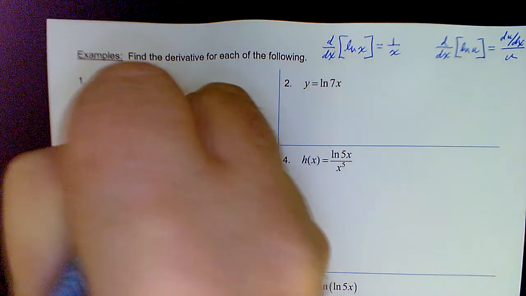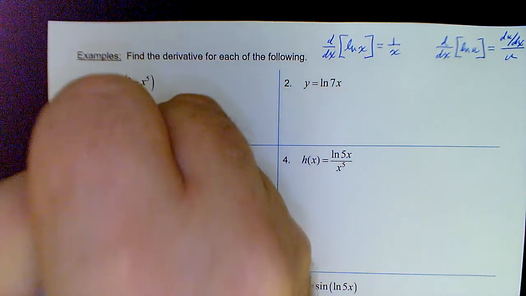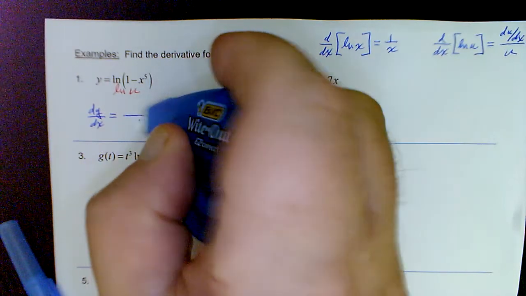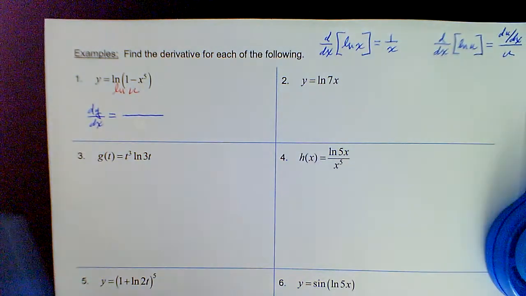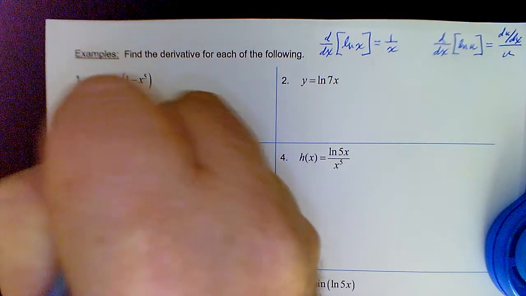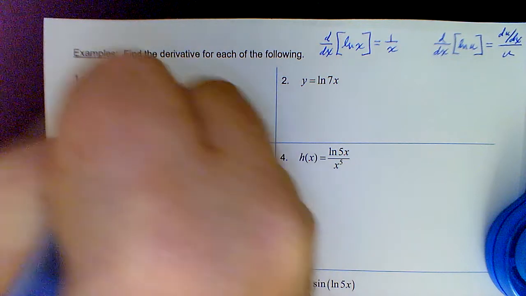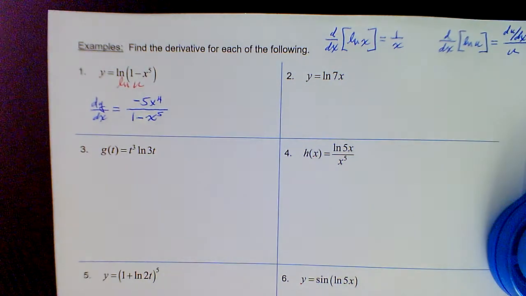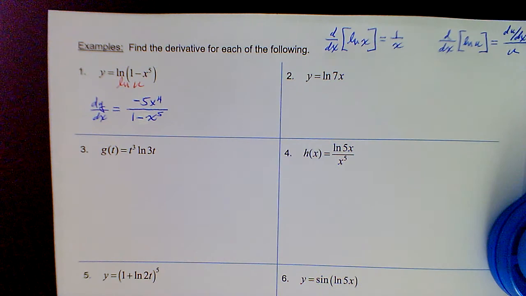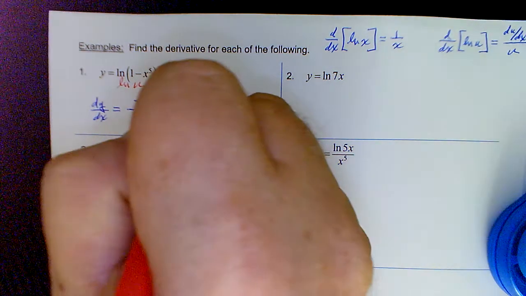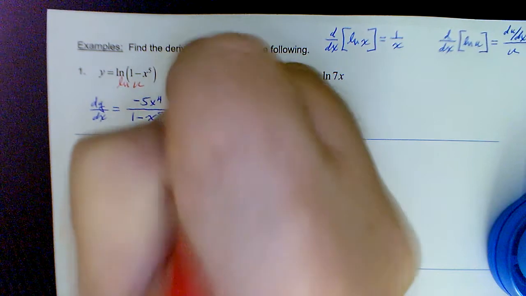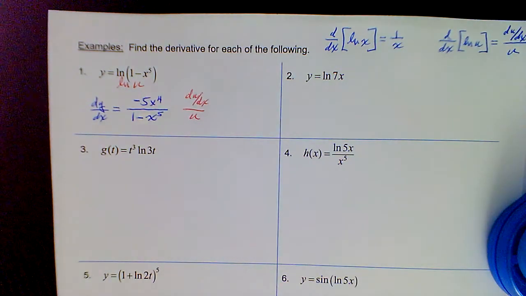Again, log goes away, fraction, u in the denominator, and in this case, that is the 1 minus x to the 5th, and then its derivative, minus 5x to the 4th, goes in the numerator. And so that would be all there is to it. And you can see how the formula works. That is, there's a u in the denominator and du dx, the derivative of that u, in the numerator.